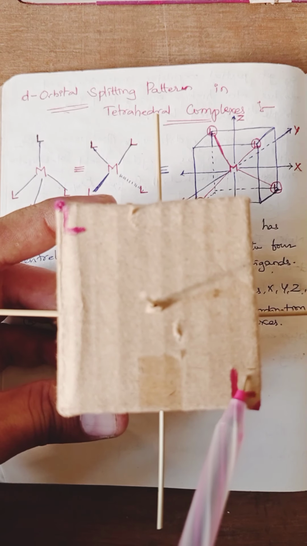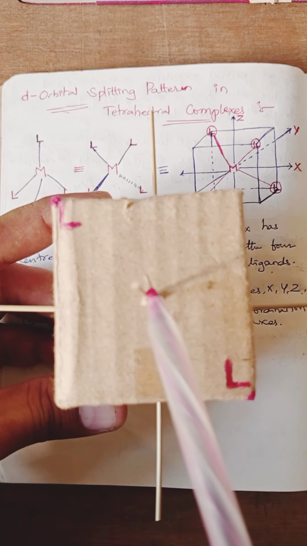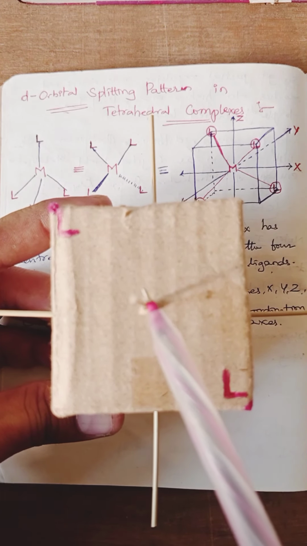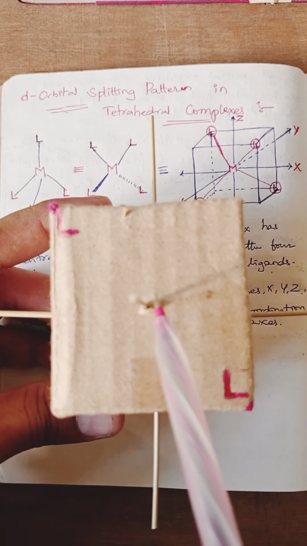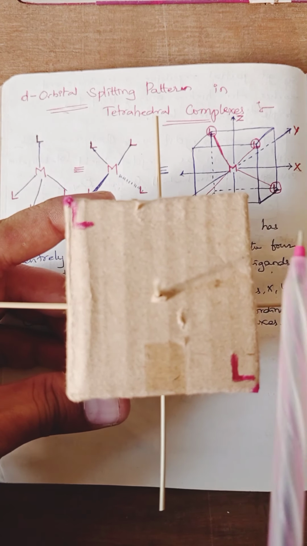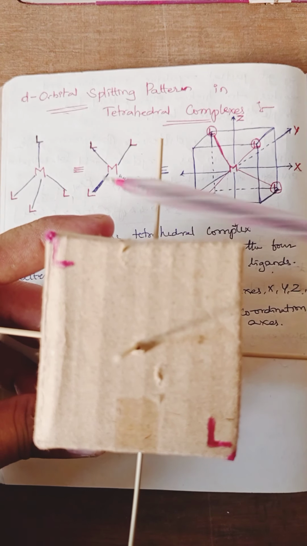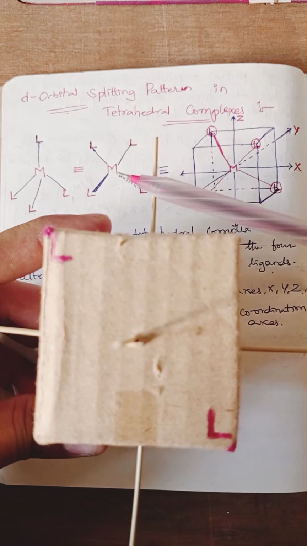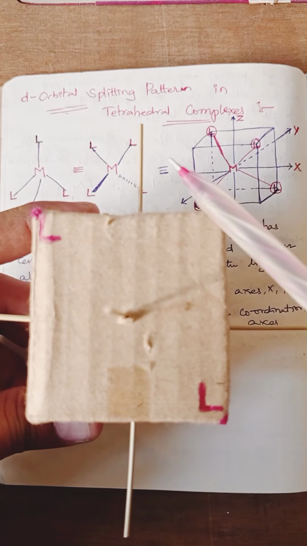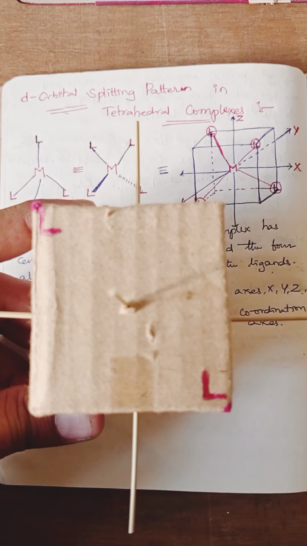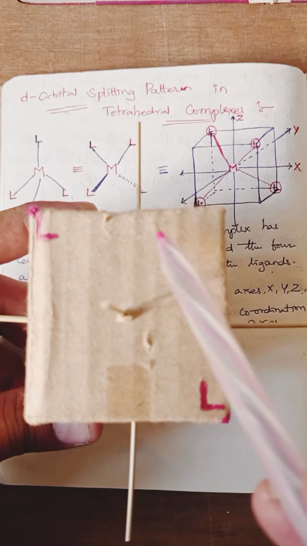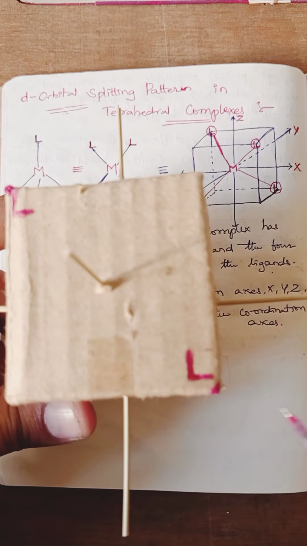The coordination axes are at the middle of the cube, whether it is z, x, or y. They are all passing at the center of the faces, right? This is the face, the top face and down face.